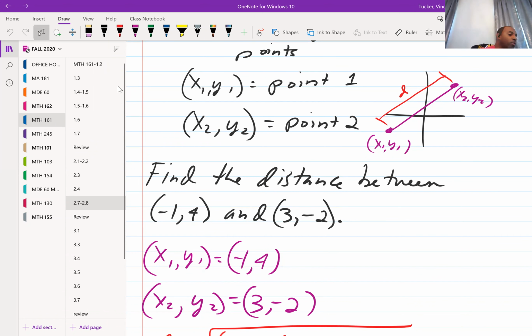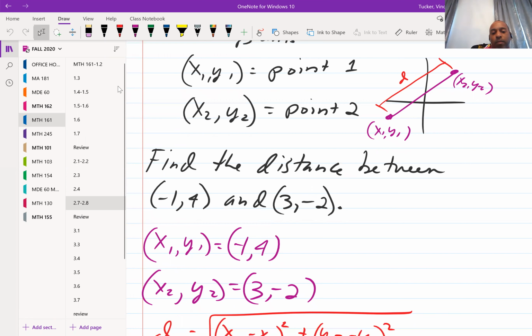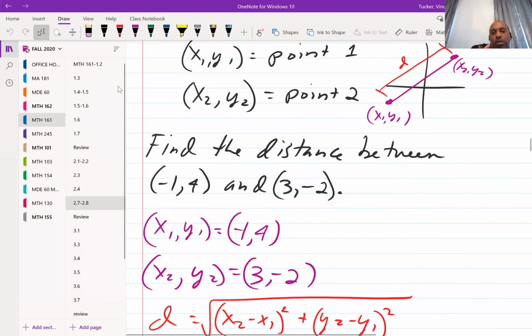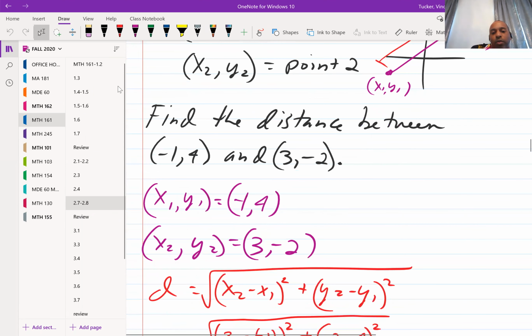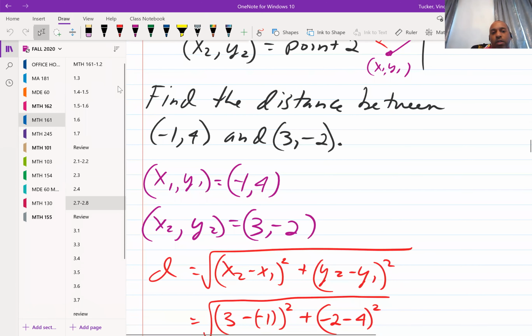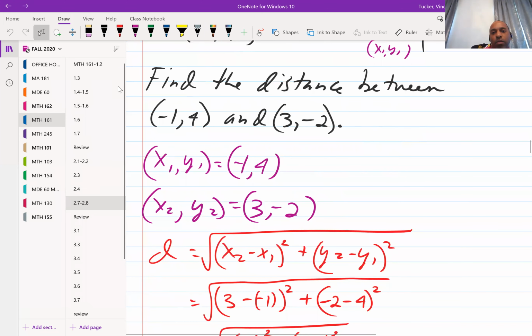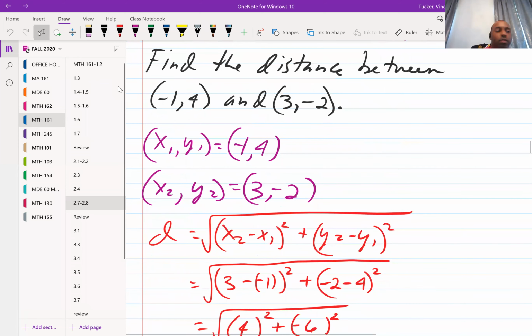As always, I normally call point 1 the first point I see, and then point 2 the second point. So that's why -1, 4 is x1, y1 and 3, -2 is x2, y2. If you do everything correctly, it doesn't matter which one you call point 1 or point 2. And then you plug them in accordingly. As always, if I scroll up but you're still copying, always feel free to let me know.